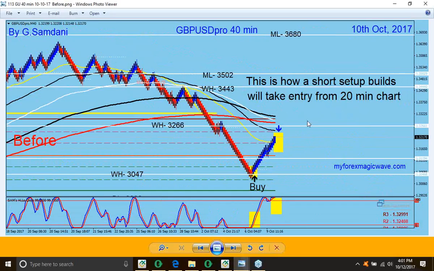So this chart, you see this, I made it yesterday, actually on the 10th, day before yesterday. That's when the price was going up into the wave, yellow line, and I said somewhere here I'm going to have an entry, and this is how a short setup builds. We'll take entry from the 20-minute chart.